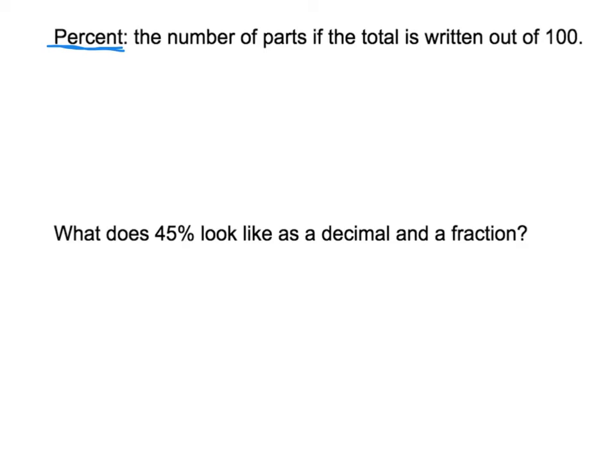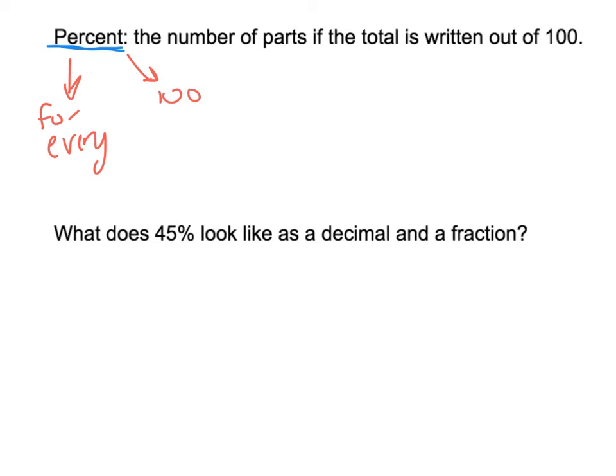So really what this means, the definition or the origin of the word percent: per meaning for every, and cent meaning 100. So this is a Latin word meaning just for every 100.